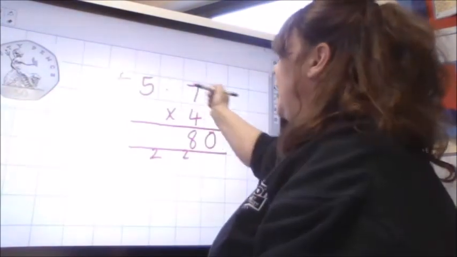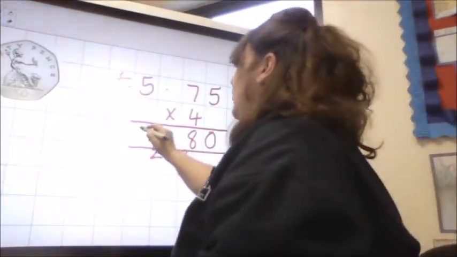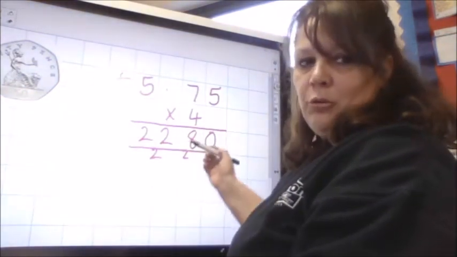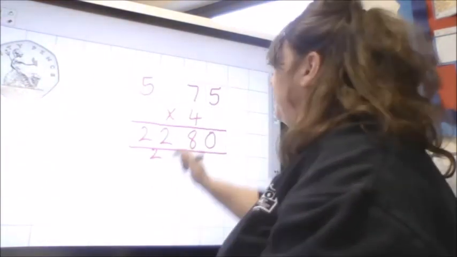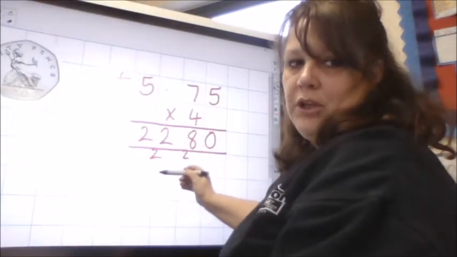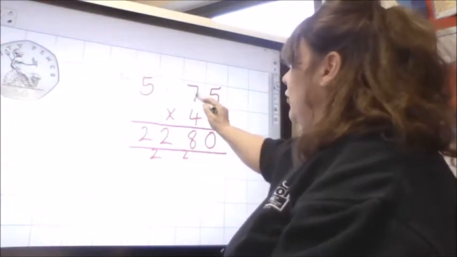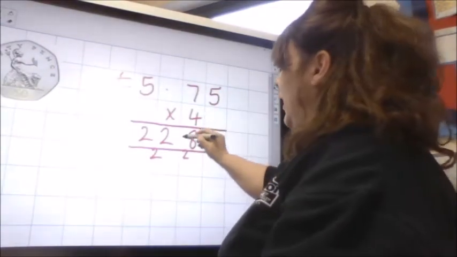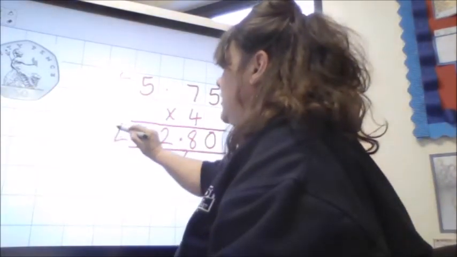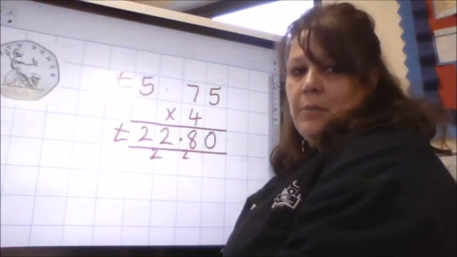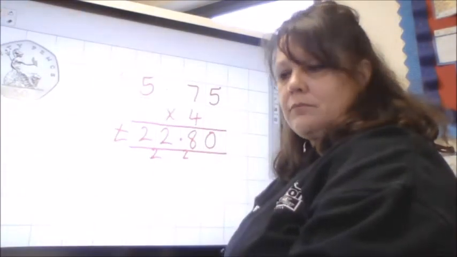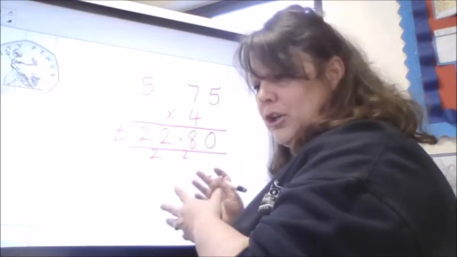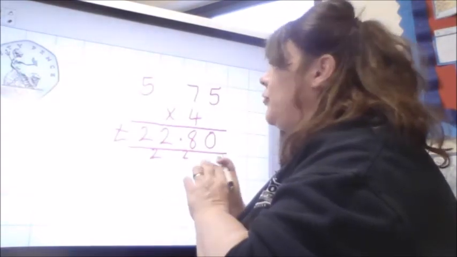Okay. 5 times 4 is 20 and 2 is 22. Now, I need to work out where my decimal point is going to go. Remember, a decimal point separates the pounds from the pence. So I've got 2 places after my decimal point here. So I count 2 in and I've got £22.80. Okay. So short multiplication, when you've got that kind of question, might be the way forward.